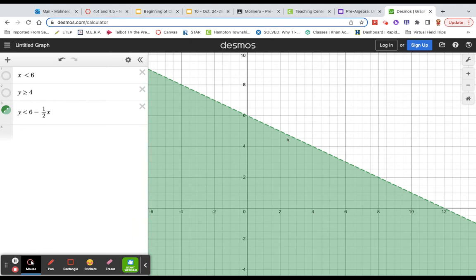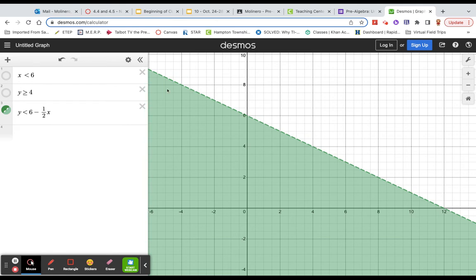Now that line itself is dotted. The dotted line is an indication that those points are not actually part of the solution. That is simply the boundary line where the solution region ends. Think of these dotted lines the same way that you would think about an open circle when we did our one variable number lines. We're saying that that's where it starts.